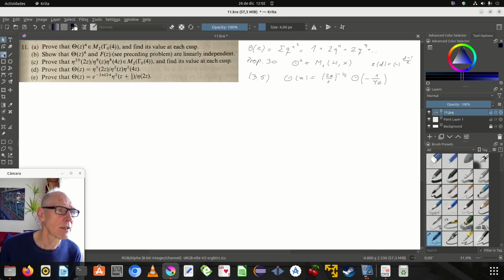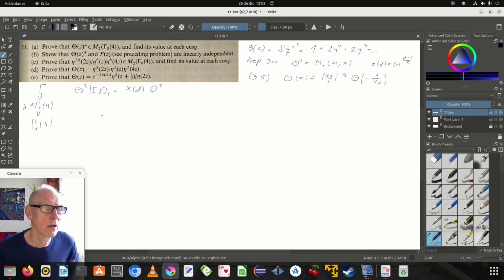So if we have a gamma in gamma naught of level 4, then it's chi of d, gamma squared.